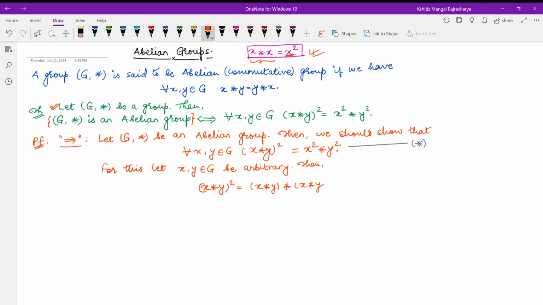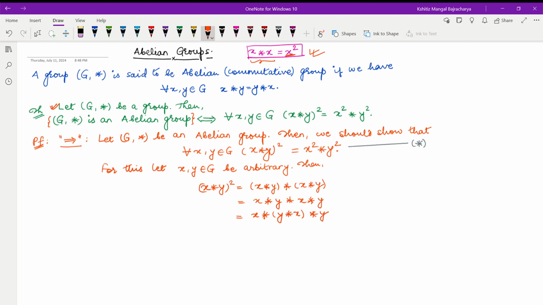Now, since star is associative, we can remove the parentheses as we want, and we can insert the parentheses as we want, covering as many elements as we want. So first of all, let me write it like this by removing the parentheses. Then let me reintroduce the parentheses in the middle part and write it like this.